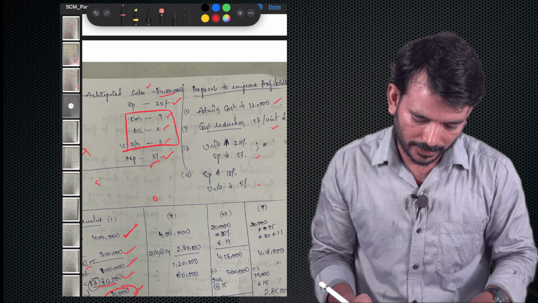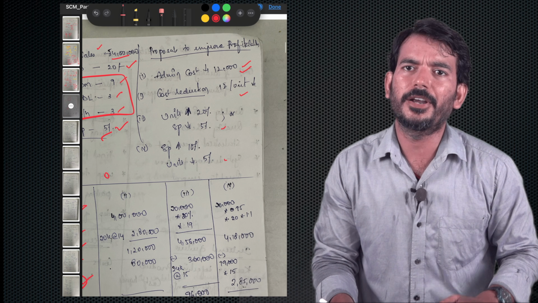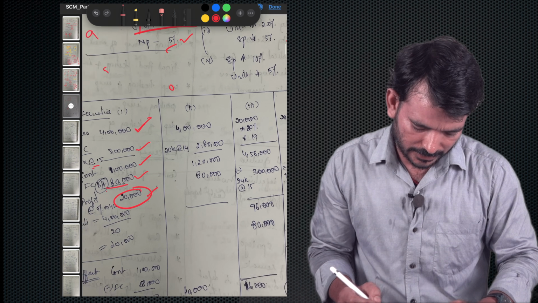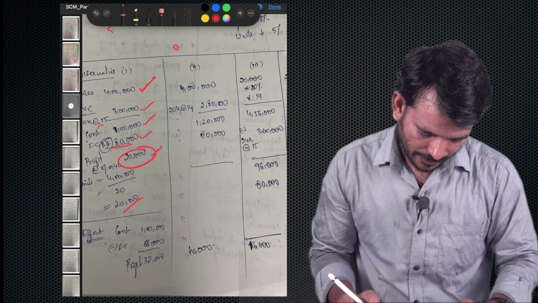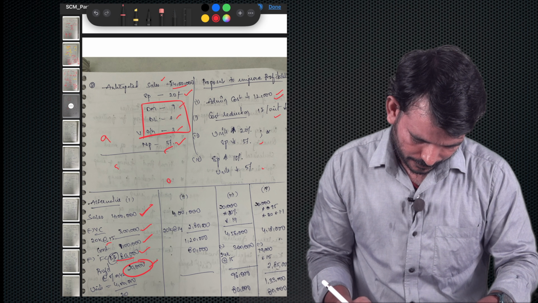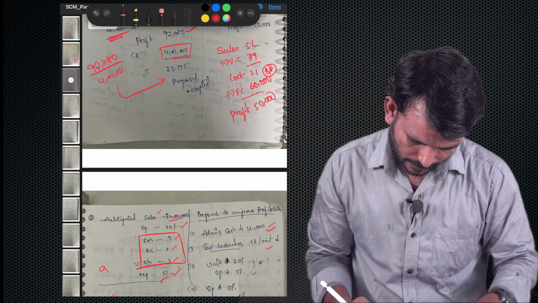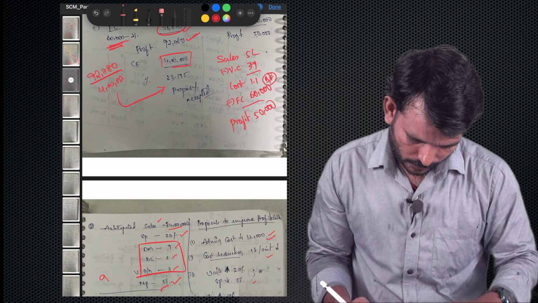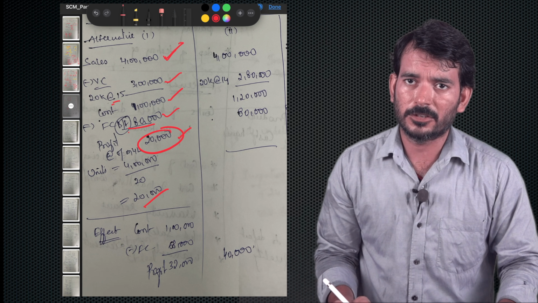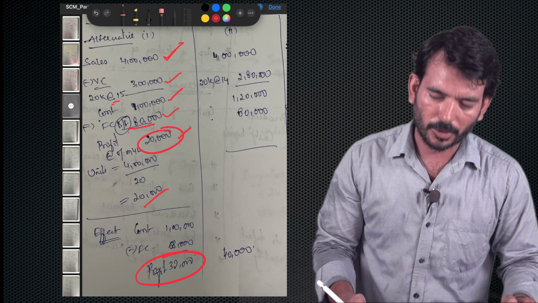What they're saying in alternative number 1: reduce the administration cost by 12,000. When you reduce the administration cost by 12,000, your profit will increase by 12,000. So existing profit is 20,000, and you are reducing the administration cost by 12,000, so the revised profit will be 32,000.